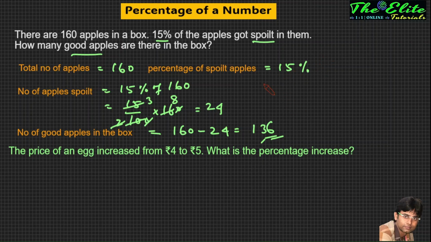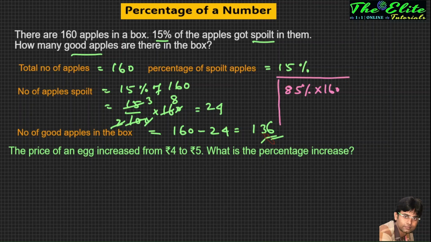So we can find it directly as well. If they are asking how many good apples are there in the box, we will do only this thing, okay? 85% were good apples out of 160. So 85% of 160, the calculation of this will give us the direct answer, okay?